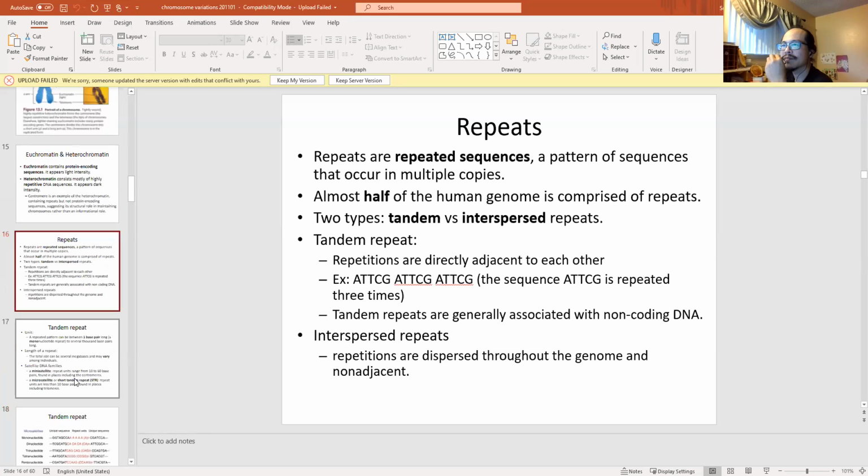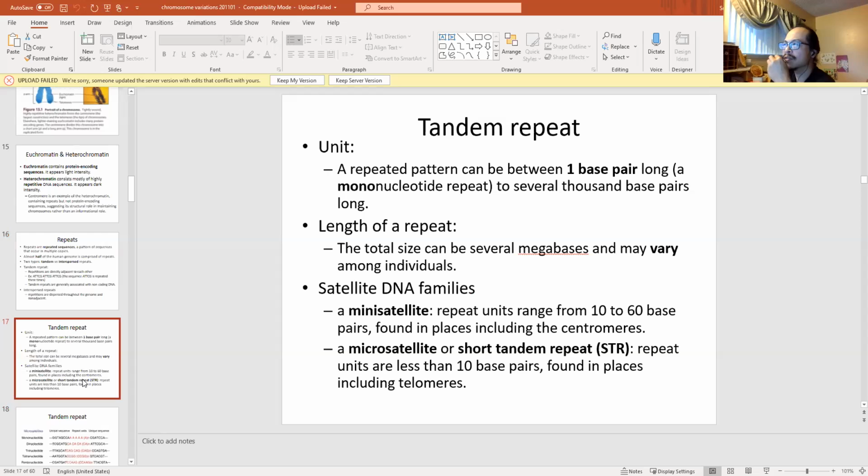So let's look into these tandem repeats. Something we need to know is the repeat unit. The length of these units can be one base pair, which is also called a mononucleotide repeat. A typical one is A. It could also be several thousand base pairs long.